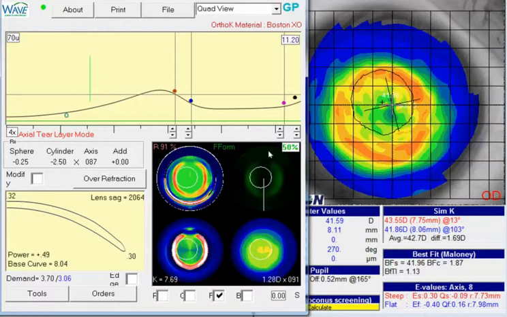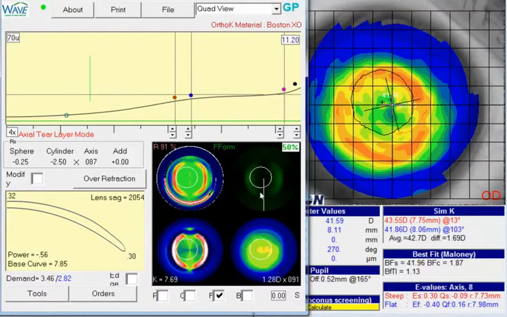Because we're in freeform, we have to do the same thing here. And then we can bring the periphery up a little bit. So now we have a lens that's going to seal off even less vertically. Also, there's less topo demand, and hopefully that will kind of blend out this reverse curve or treatment ring that we have in the meridian.